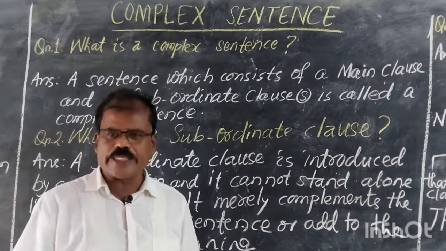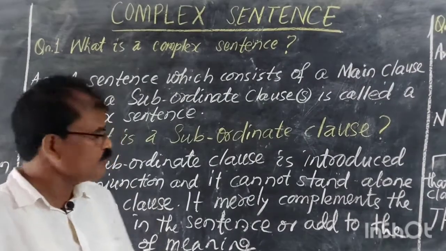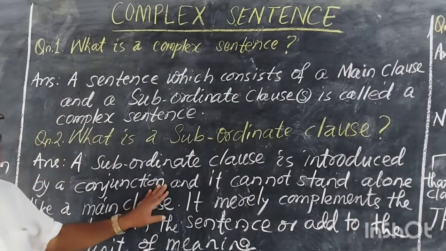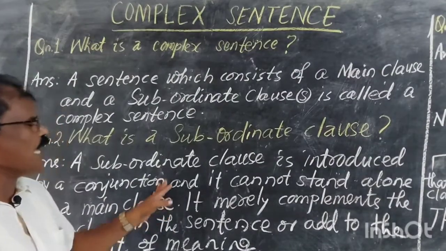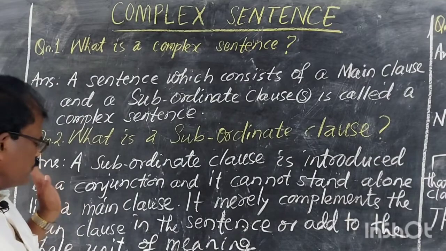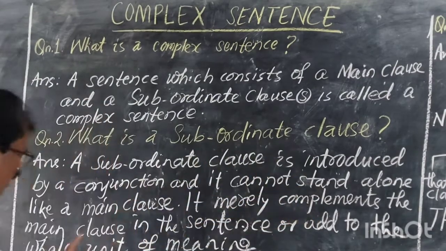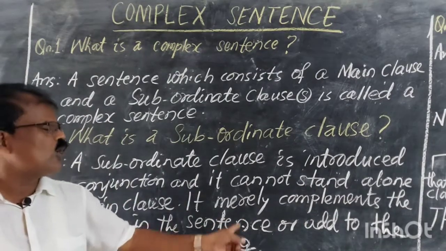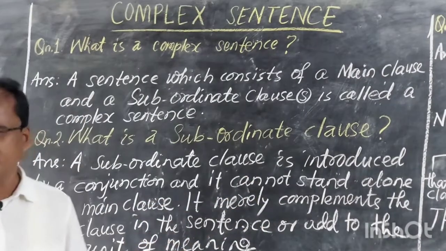So now the question arises, what is a subordinate clause? Very simple. A subordinate clause is introduced by a conjunction or a subordinator, and it cannot stand alone like a main clause or independent clause. It merely complements the main clause in the sentence or adds to the whole unit of meaning.